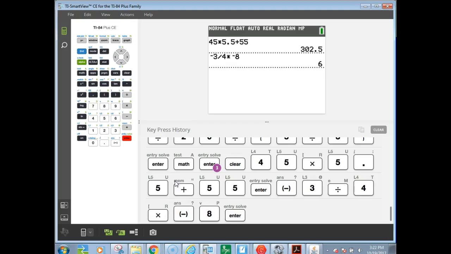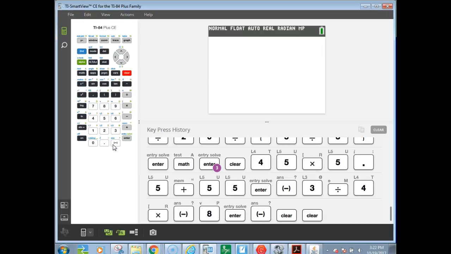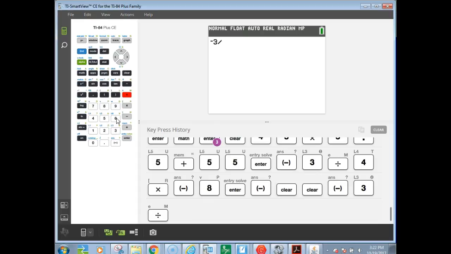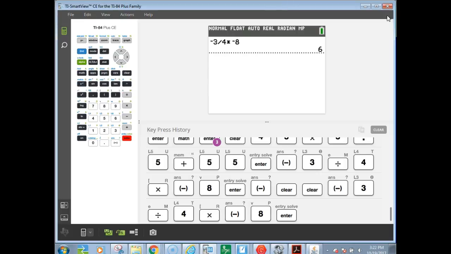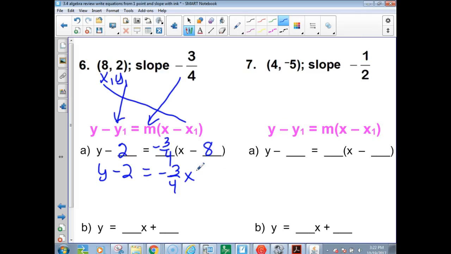Type negative 3 divided by 4, times negative 8. That's going to be a negative times a negative, so that'll be a positive 6. And then we just need to finish it by subtracting 2. It's going to be negative 3/4 times x plus 4.